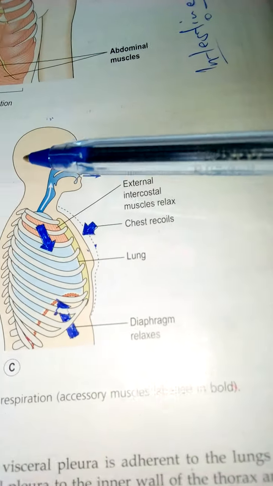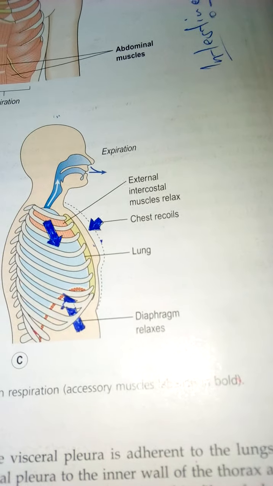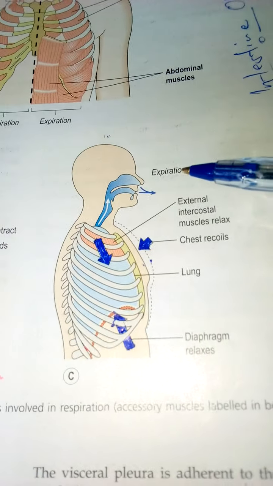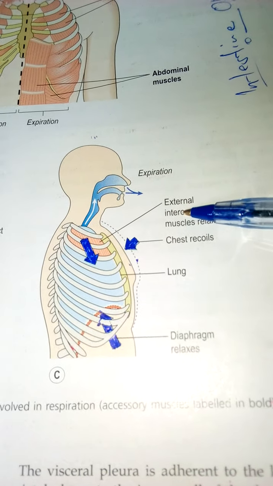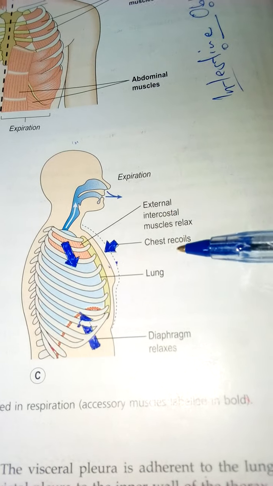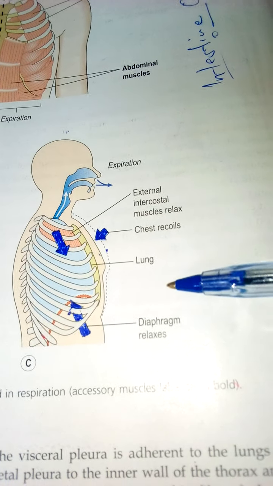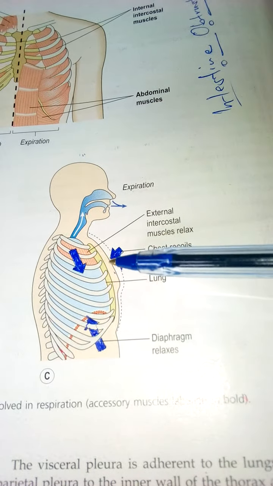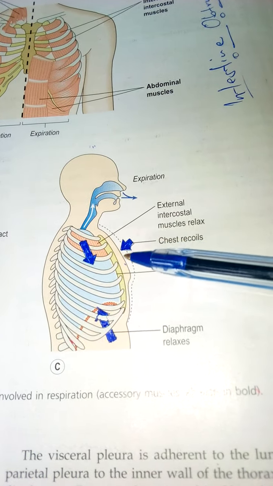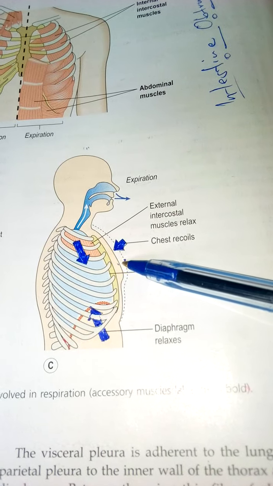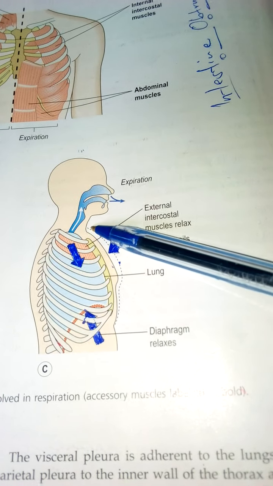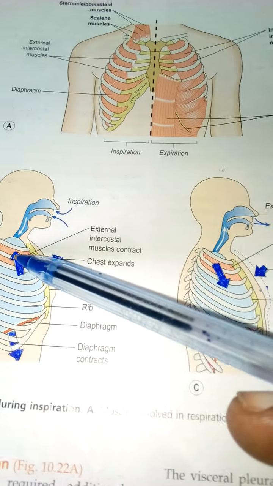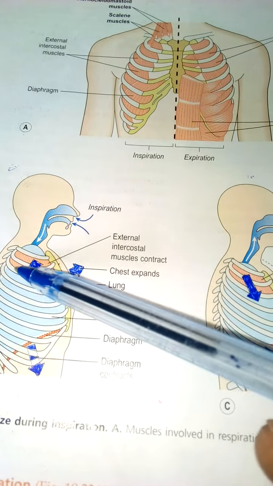Then during expiration, this is what happens. The internal intercostal muscles will relax, then the chest will recoil. If you observe clearly, you can see these dots, which show where the chest expands.